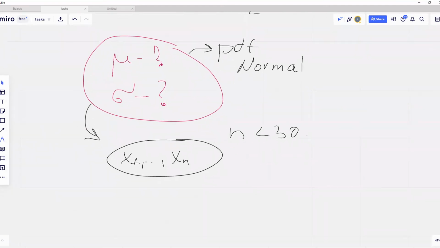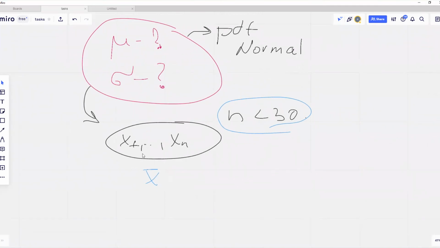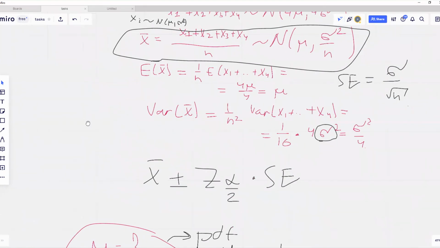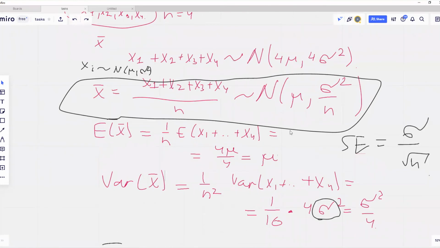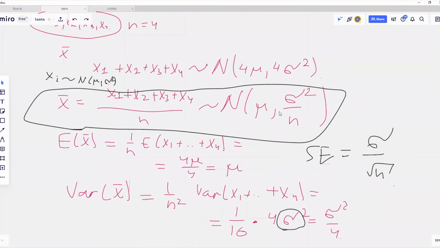So n is small, meaning that we cannot use the central limit theorem to say that X bar follows a normal distribution. Also, we cannot use a linear combination of normal random variables since sigma is unknown. If you recall from the previous case, we have shown that X bar follows a normal distribution with mean mu and variance of sigma squared over n. So we need sigma squared here if we want to show that X bar follows a normal distribution with this variance.